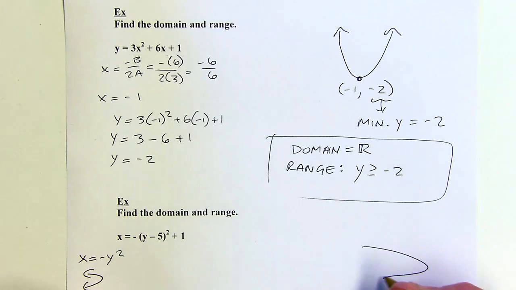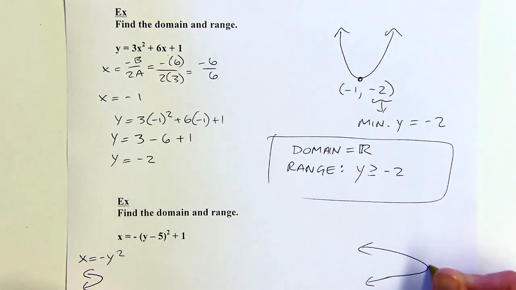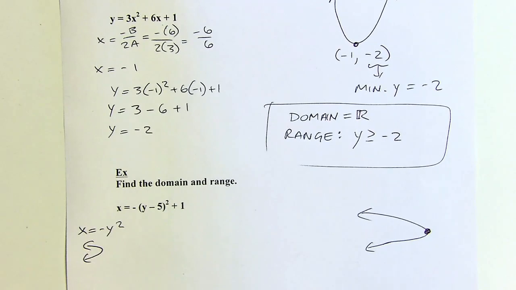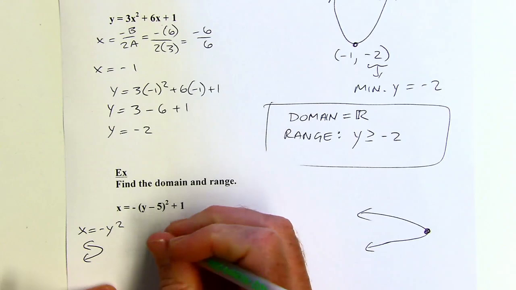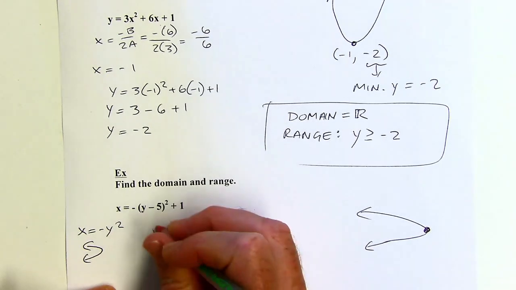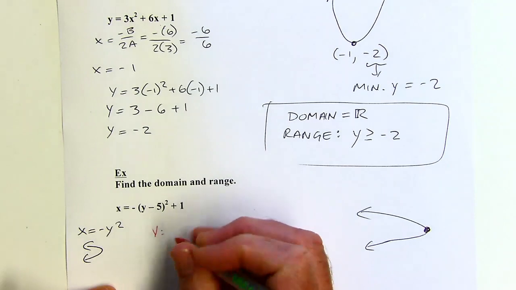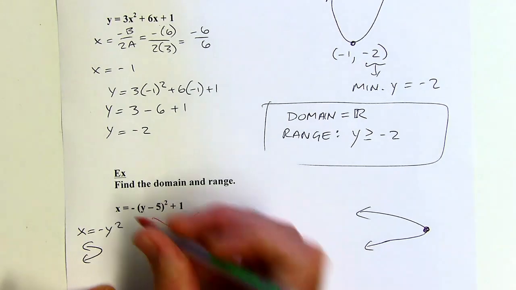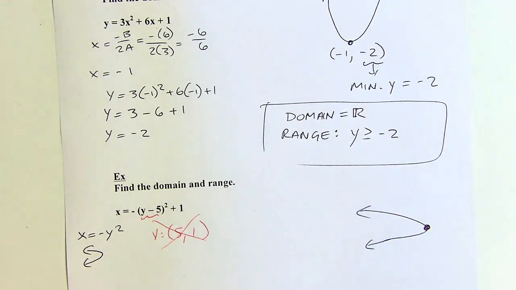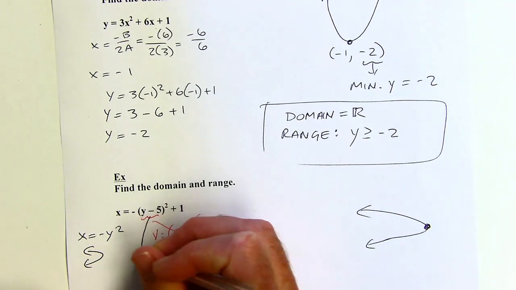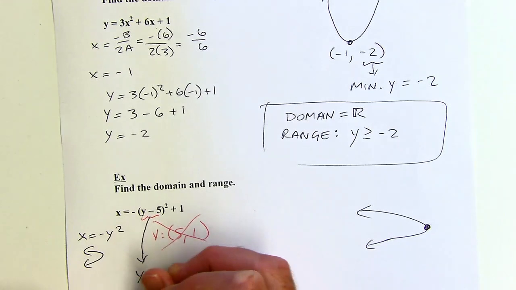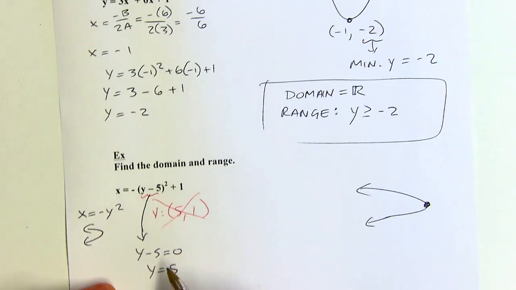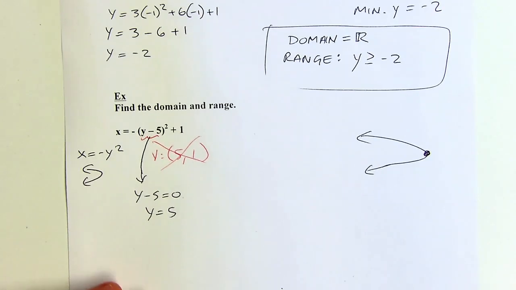Okay, so I'll make another little sketch like I did on the last one, and I want to find the coordinates of the vertex. It's really tempting here, if you're used to vertex form, to say that, oh, since I've got y minus 5, the vertex is going to be 5 and then 1, but that's incorrect, because if you take the contents of the parentheses there and you say y minus 5 equals 0, that actually gives you the y coordinate of the vertex, not the x coordinate.